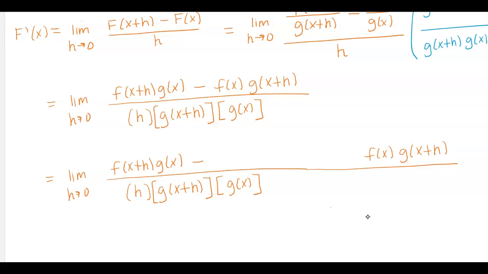Actually, this minus sign needs to go over here as well. So let's add it to the middle. We're going to put a minus f of x, g of x, and a plus f of x, g of x. So again, we've just added two things that net out to 0, but we're doing that intentionally so that we can group things in a way that get us to the definitions that we want.